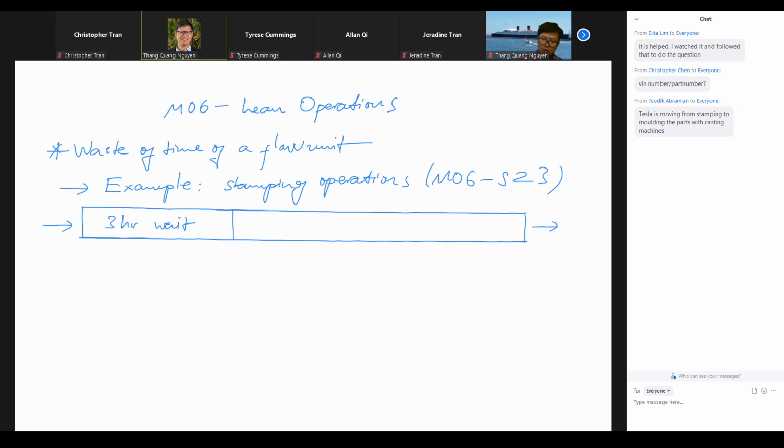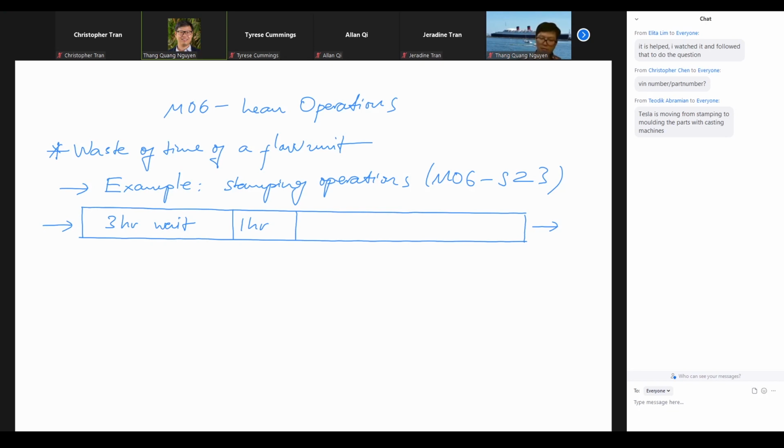And then 1 hour waiting for the setup of the machine. They have to do the setup, which might be changing the die. The die is a very big piece of metal like this, and they have to use a crane to change from one die to the next die, okay?